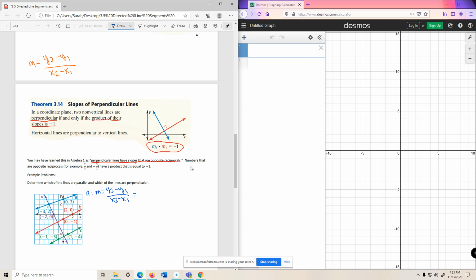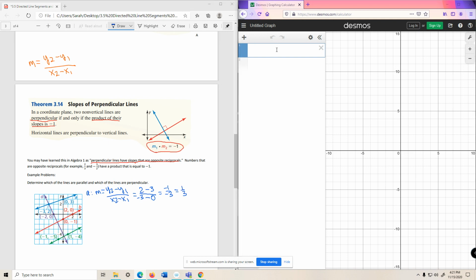So I'm going to call 2 y2 minus y1, 3, over, I'm going to call -3 x2, -3 minus 0. When I do that, 2 minus 3 is -1. -3 minus 0 is -3. I can reduce that fraction. -1 over -3 is +1/3.